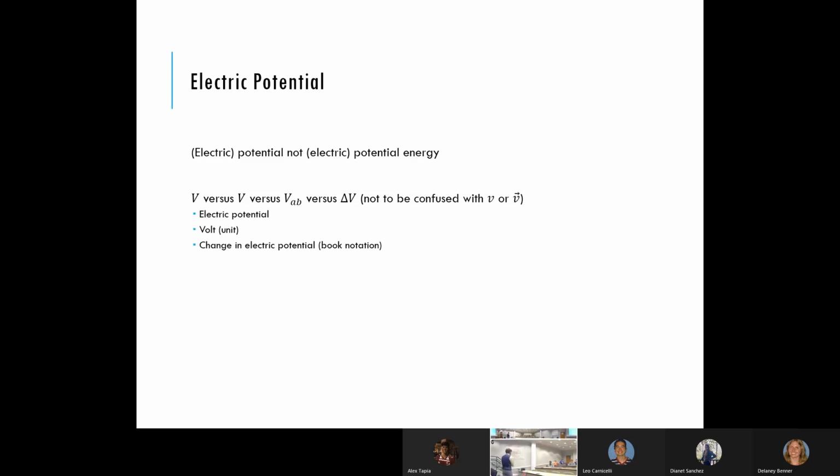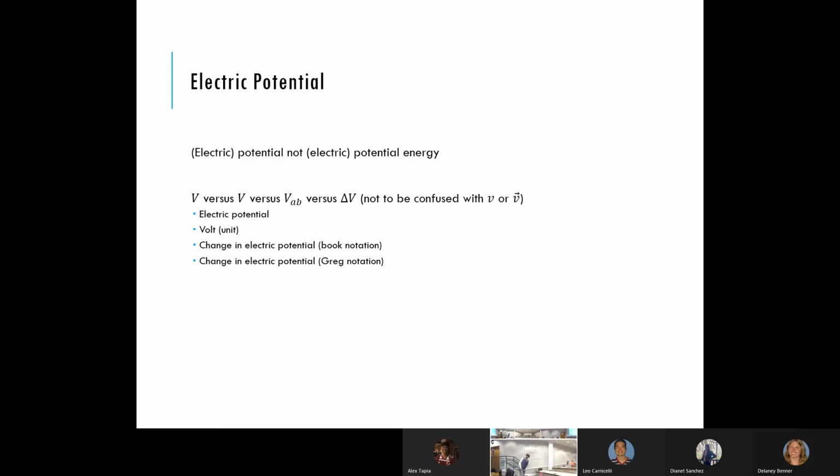So some books will write delta V, other books might write VAB, referring to the change in potential between field point A and field point B. I'll try to use the delta notation because I think that's a little better in terms of being explicit. But I wanted to put both of those on there.